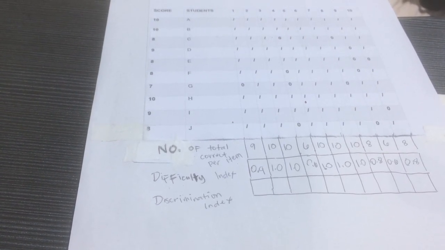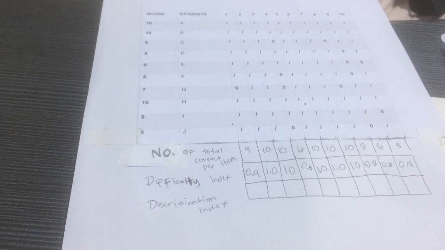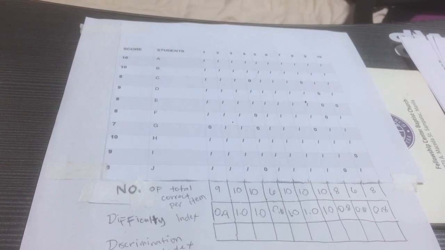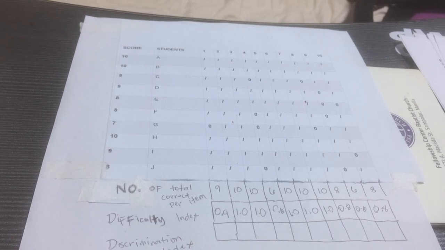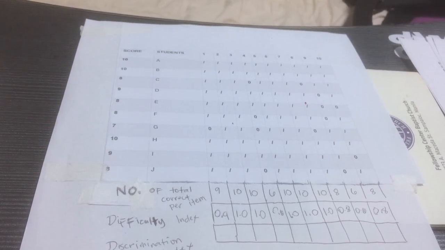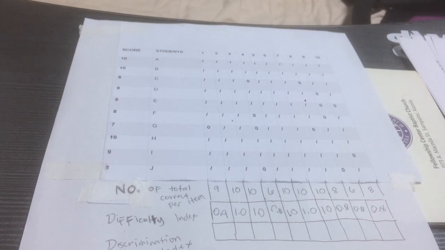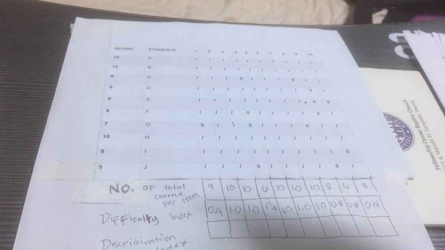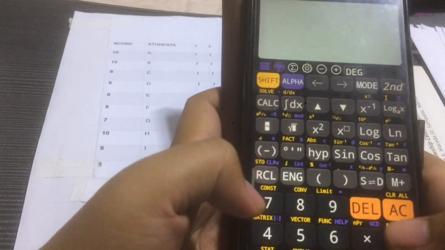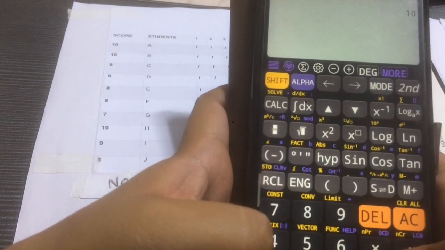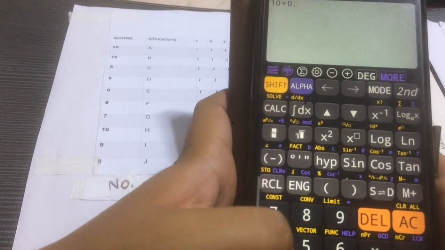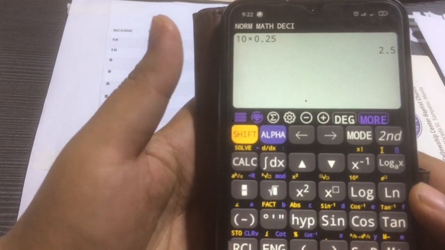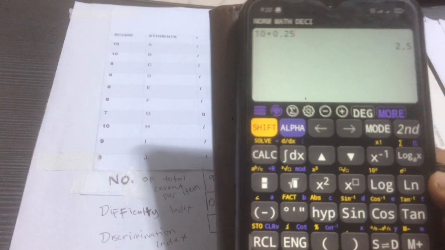the upper and lower groups in our class. In order to identify the number of upper and lower groups, we need to multiply the number of students by 25%. In our case, we have 10 students, so 10 times 0.25 gives 2.5.